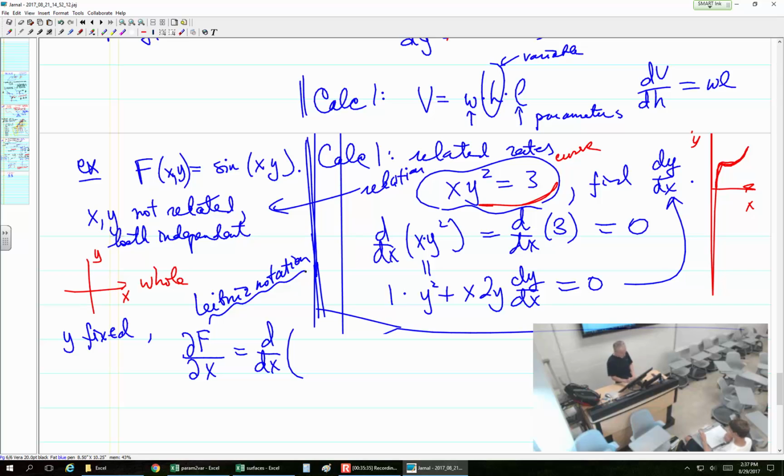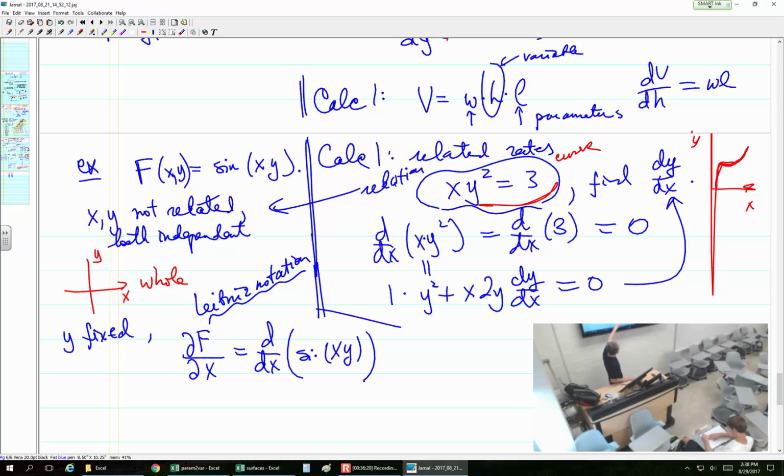So how will we compute? We take the formula for my function. Okay, so this is a notation for the partial derivative with respect to x.